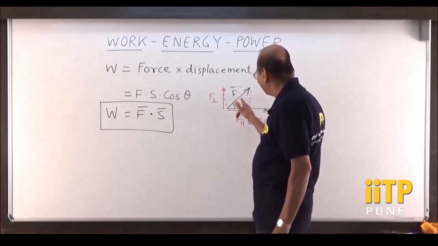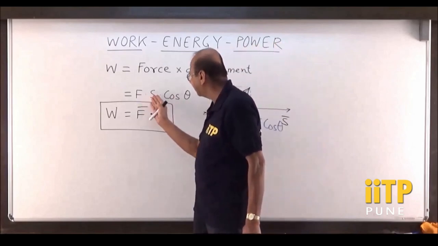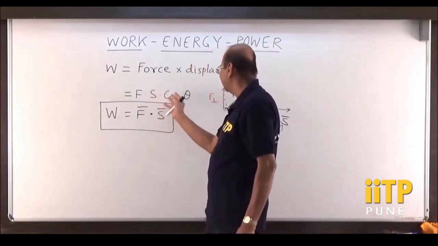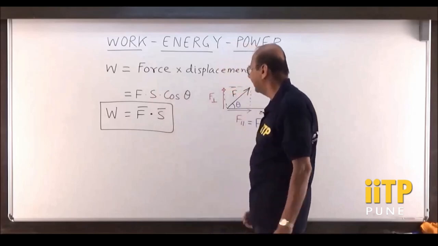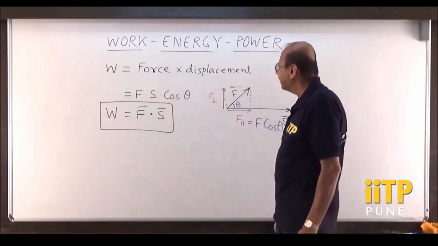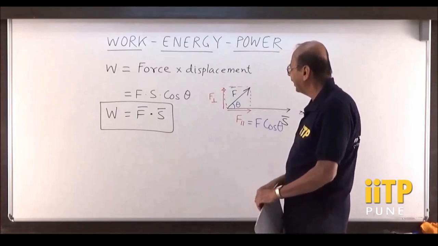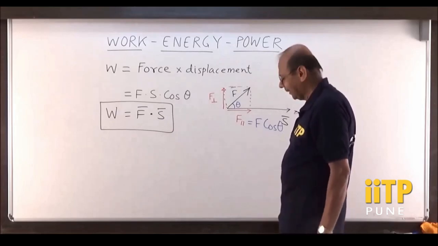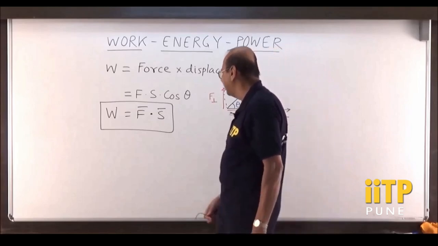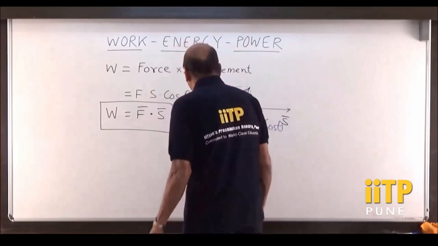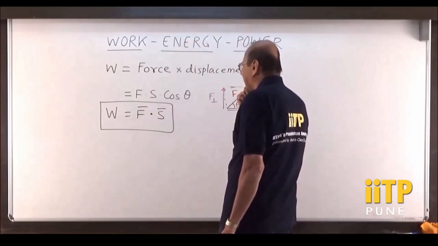If the force was constant, I could just take force outside and then take these components F cos theta and get the work done. But suppose force is not constant, it is variable, then how to calculate the work done? Then we have our standard technique: if the force is going to vary, choose a very small time fraction.